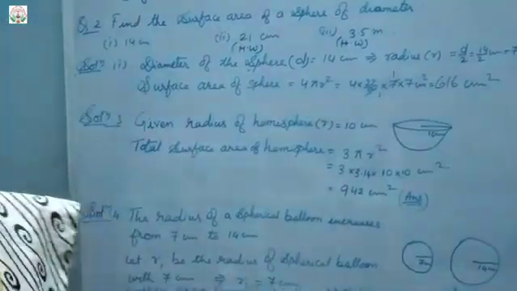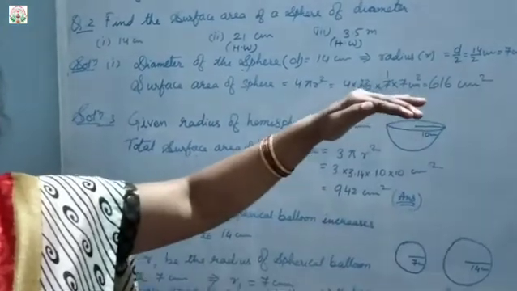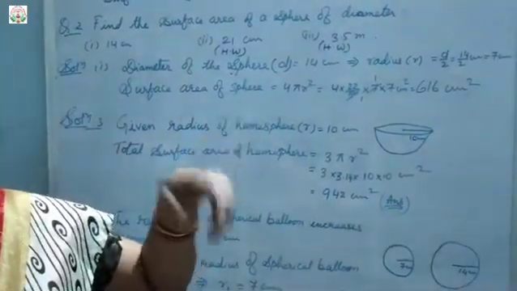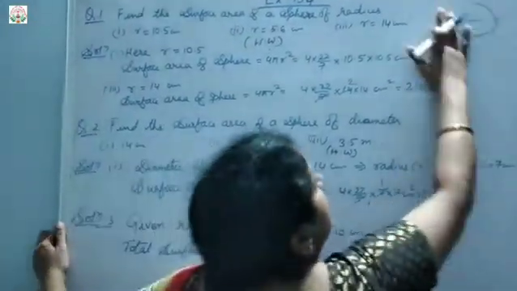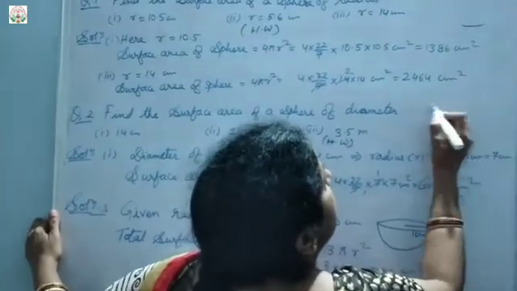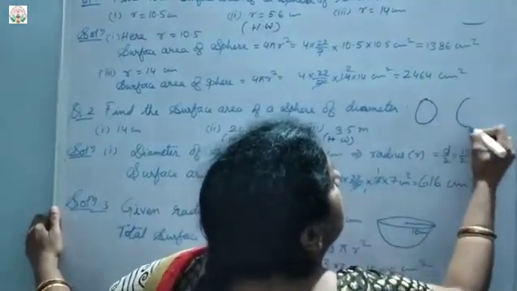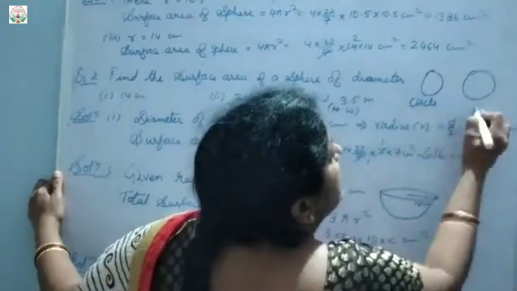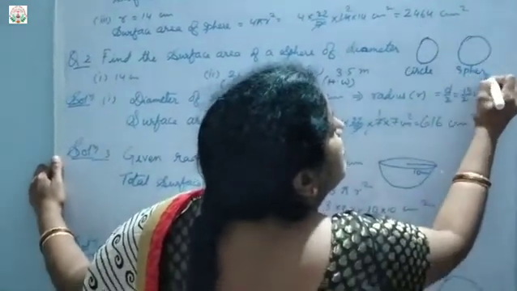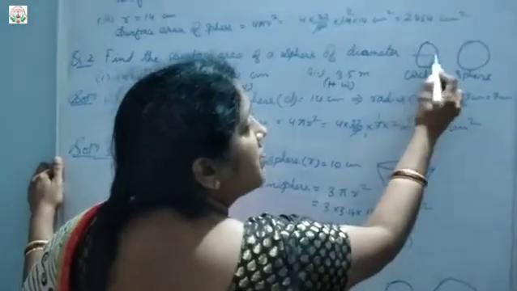Now hemisphere means what? Half of the sphere. Circle's half is called what? Semicircle. Okay, but sphere's half. Suppose this is your circle and this is your sphere. Circle's half is called what?